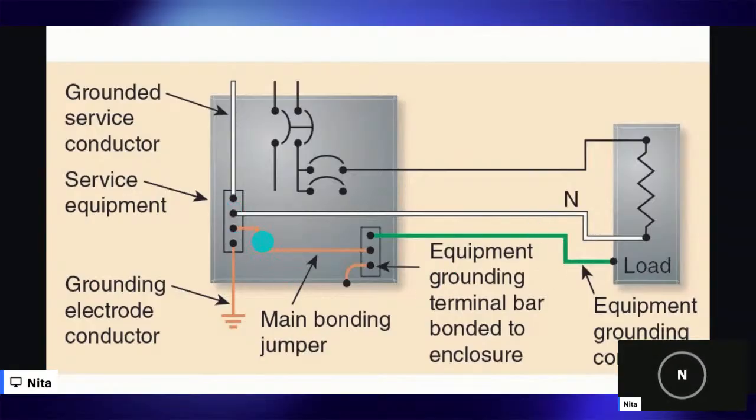The GEC, or grounding electrode conductor, represented by this orange wire, connects the neutral bus bar to the grounding electrode outside. This is how we have a safe path back.